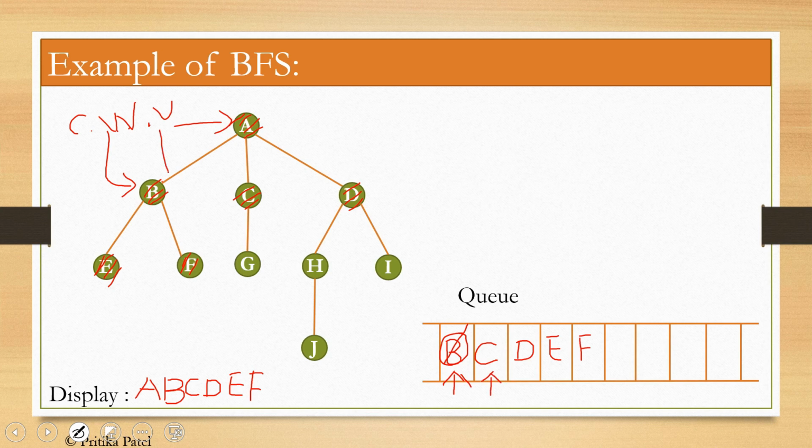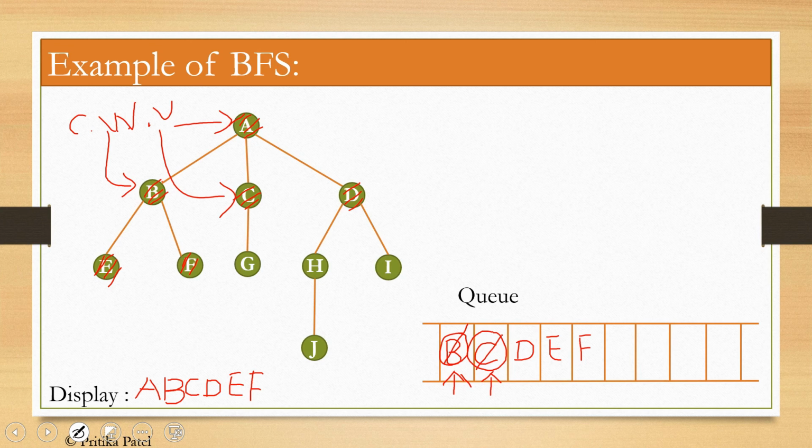So this C becomes the currently working vertex, and we remove the first element from Q. Now remove C from the Q. Then check again whether the currently working vertex C has any adjacent unvisited vertex.